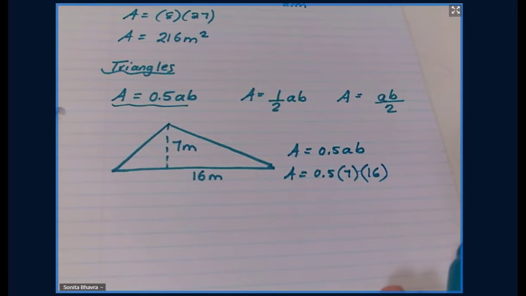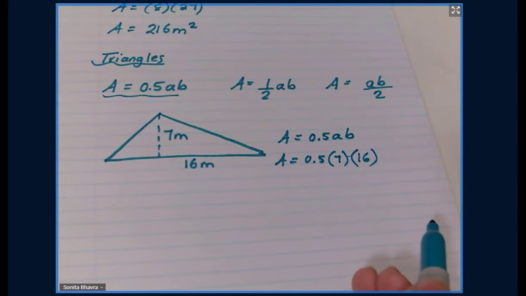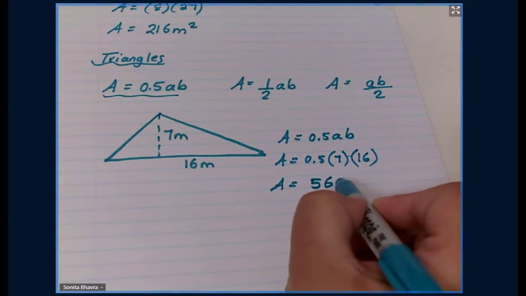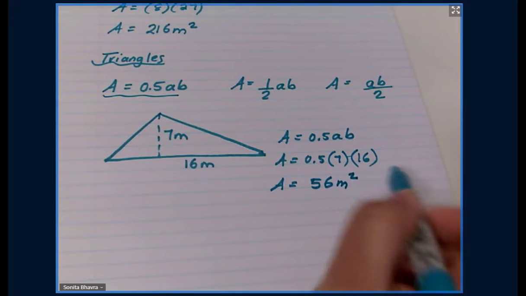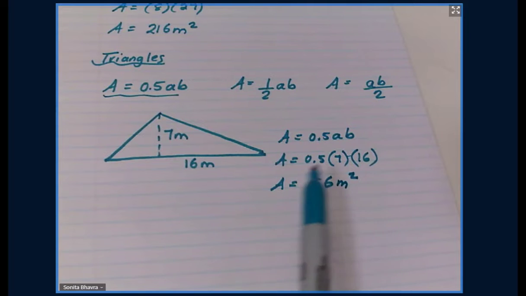All right, so you just have to multiply 0.5 times 7 times 16. Put it into your calculator, and we get 56 meters squared. So if you used this formula or this one, you would still end up getting 56 meters squared.